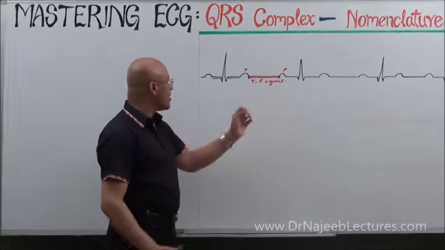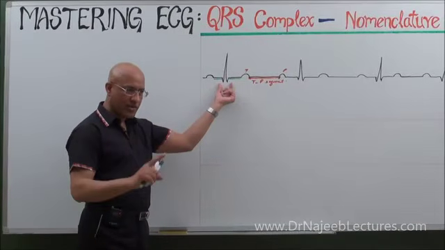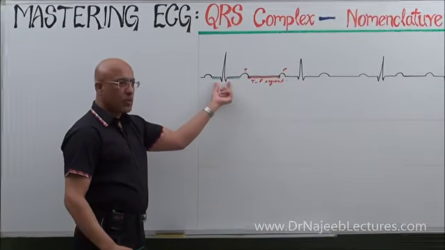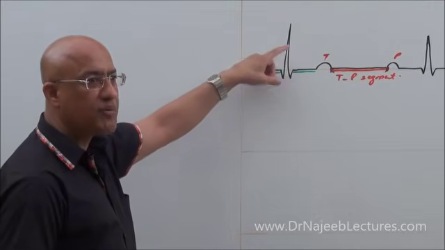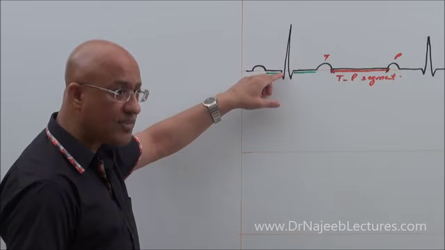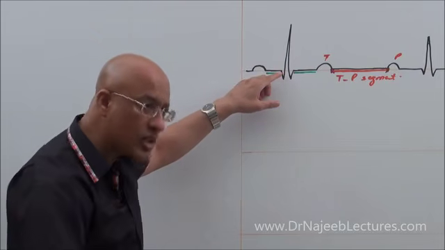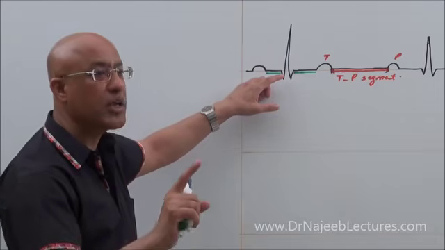Let's go back. When we are concentrating on the nomenclature of the QRS complex, we should know which components of the complex are deflected above the isoelectric line and which are deflected below it, because nomenclature depends on multiple factors.